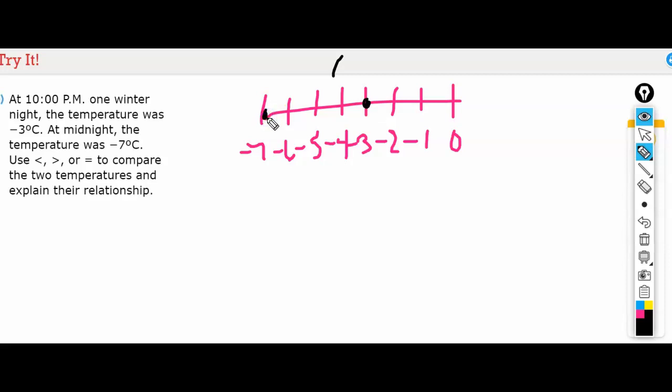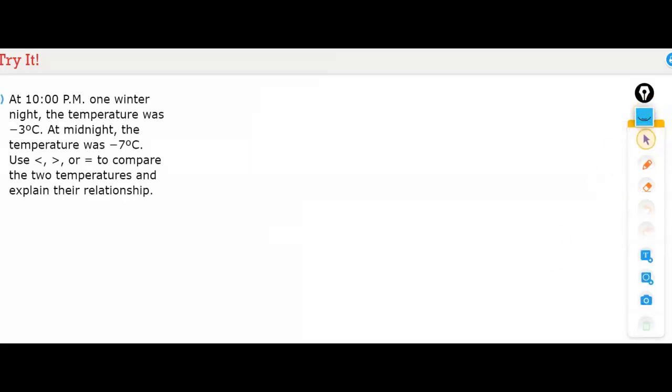And so -3 would be greater, because it's closer to 0, than -7. And I just explained the relationship by drawing the number line so that you can see why -3 is greater than -7.